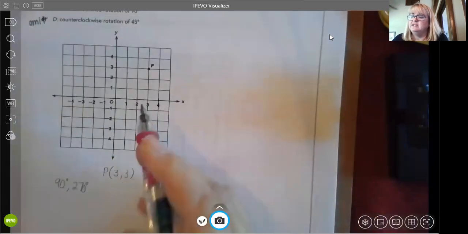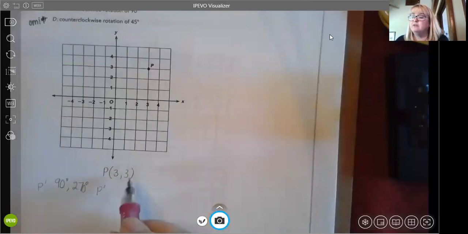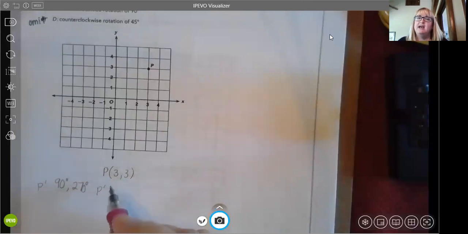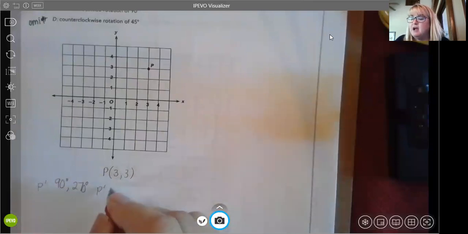So P prime, if you're moving 90 degrees or 270 degrees, the X and the Y switch spots. And we can't really give a rule of thumb for positive or negative because it just depends on where you start. So P prime, the Y is 3, the X is 3. If they flip-flop, we still have 3, 3.